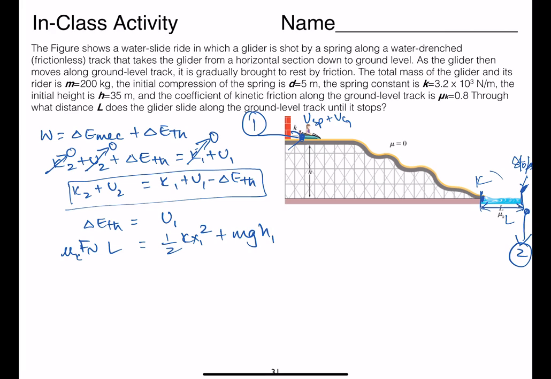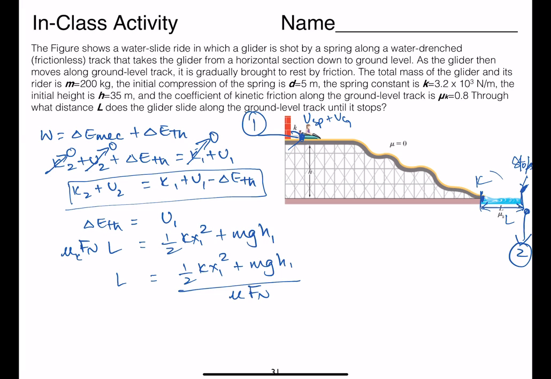So now you can find length L, that is 1/2 k x1 squared plus m g h1, divided by mu k times force normal. Force normal is mg. So plug in those numbers.